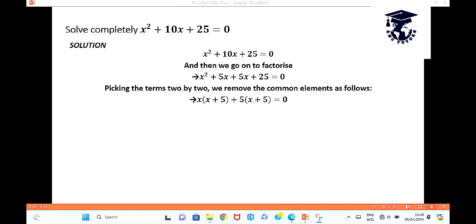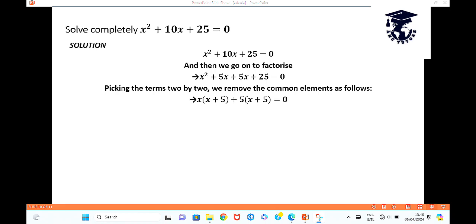What is common between these two? x. When we bring x outside a new bracket, from x squared we are left with x, and from plus 5x we are left with 5. That is why we have x plus 5 in this bracket.